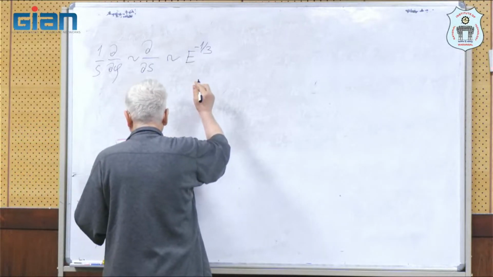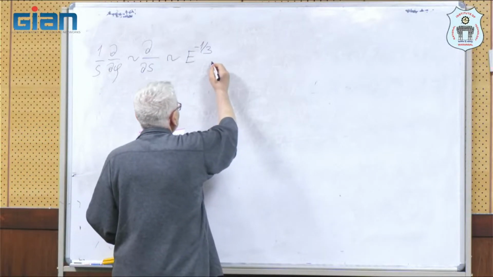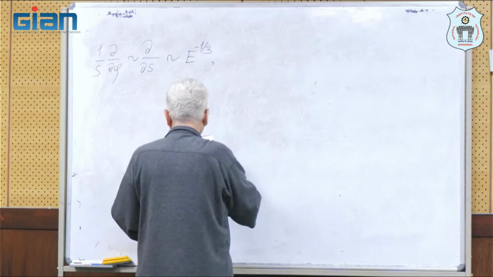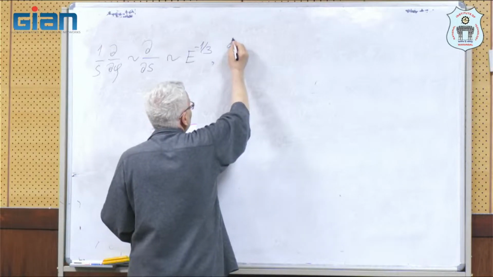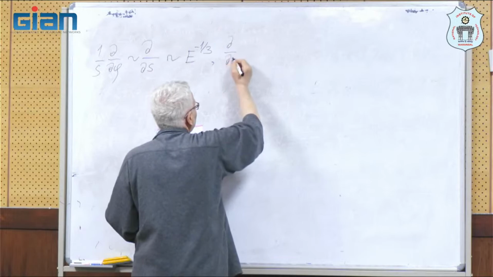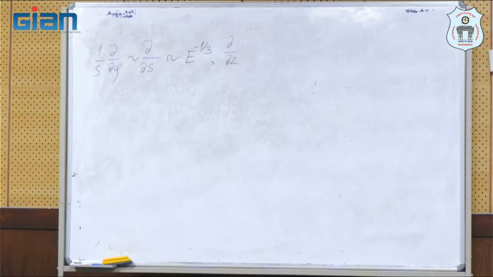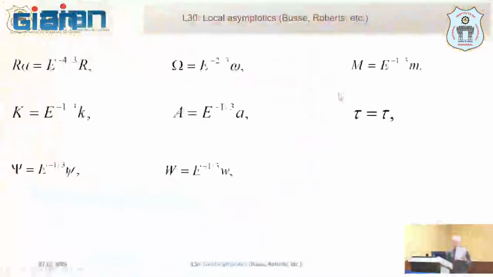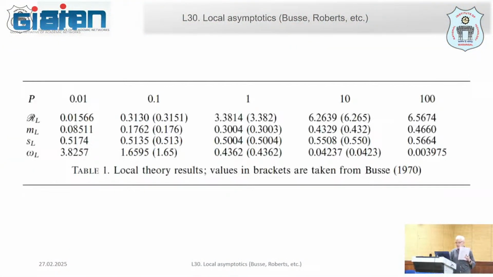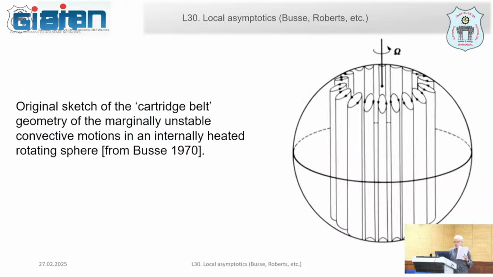So then the other scaling is that d by dz, as we already saw with you on these interesting pictures. From the experiment, you see that there is almost no dependence in the Z direction. And in this sketch, you see also again that there is almost no dependence in the Z direction.